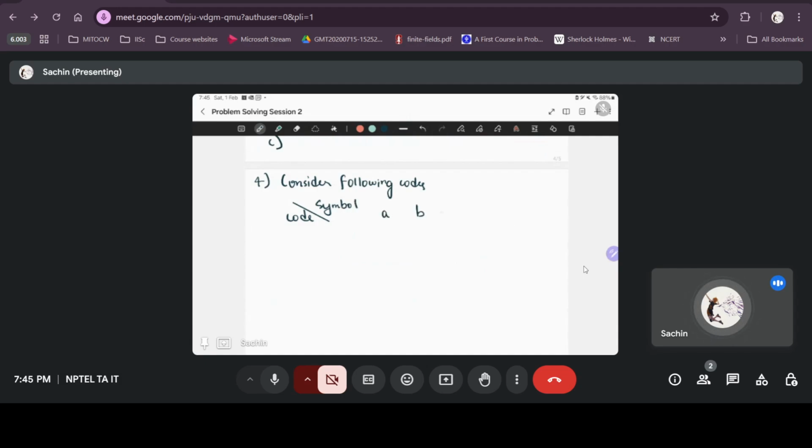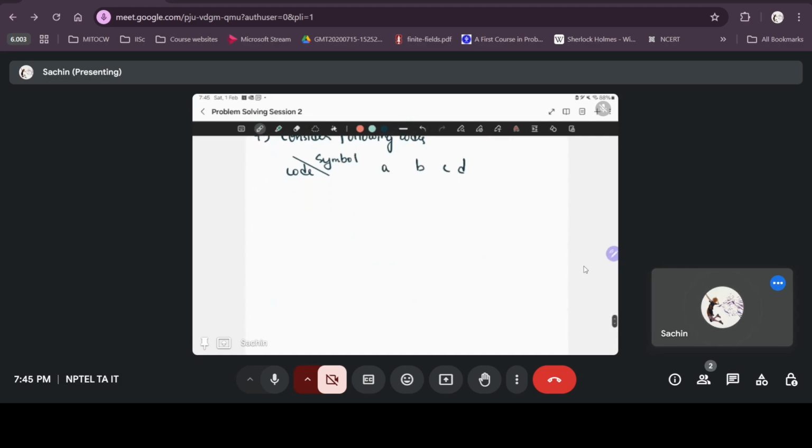So symbol A, B, C, D are the 4 symbols. And you have 4 different coding schemes. The first scheme assigns the code words 0, 01, 11, 111 respectively to A, B, C, and D. So this is one particular code which assigns these code words to these symbols.